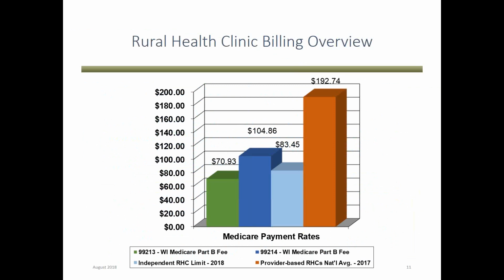However, independent rural health clinics can expect to receive Medicare reimbursement of $83.45 for either of these two services. And provider-based rural health clinics could expect to receive an all-inclusive payment in excess of $192, again, for the same types of services.